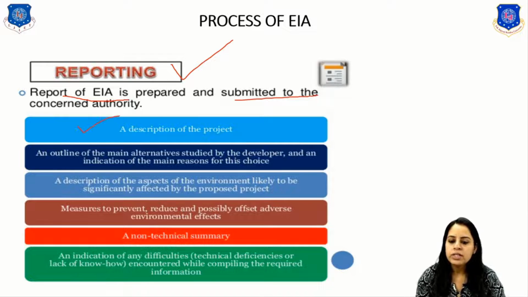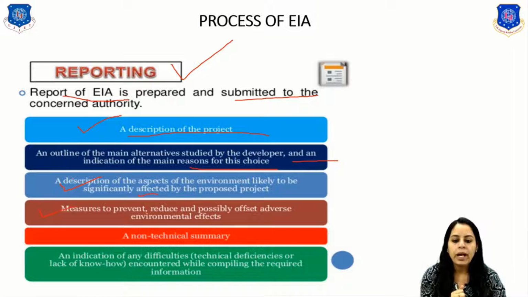So the first point is a description of the report, how to make a report. A description of the project, then an outline of the main alternatives studied by the developer and an identification of the main reasons for this choice, right? Then a description of the aspects of the environment likely to be significantly affected by the proposed system.